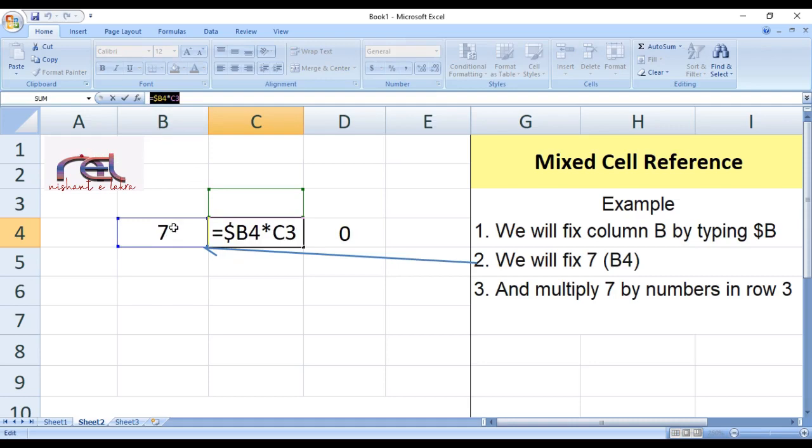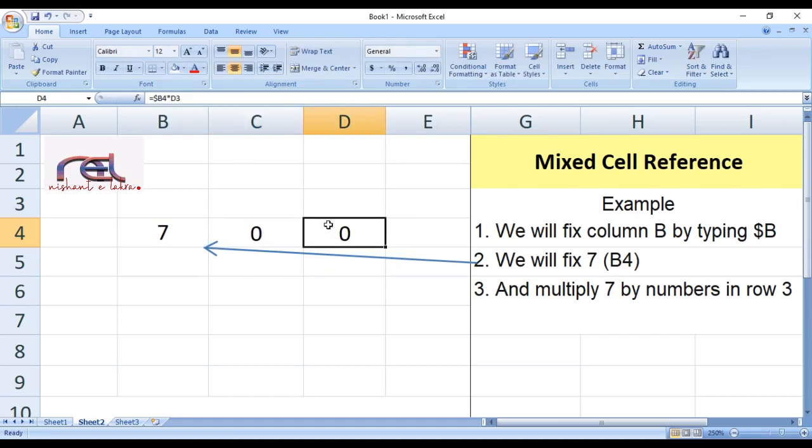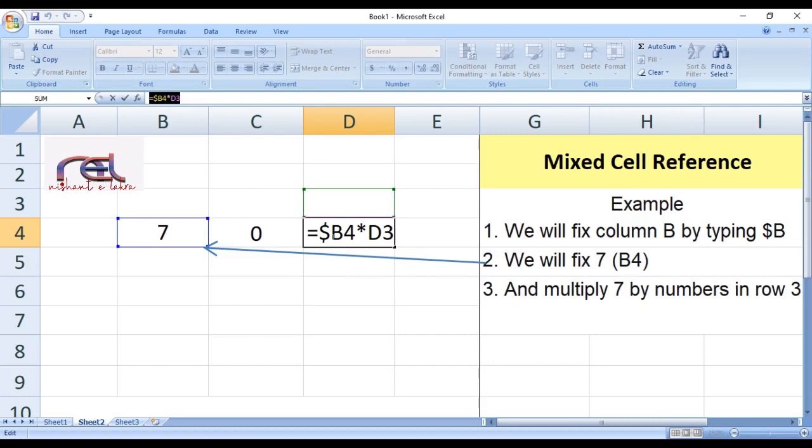I will show you once again. In C4 we have the fixed value 7 and C3 is not fixed. The same is with D4. 7 is fixed, and that is $B4 into D3.